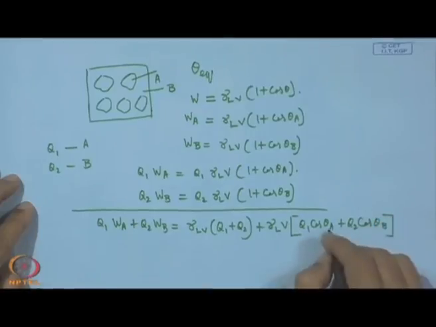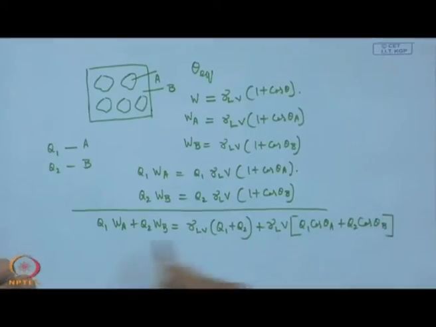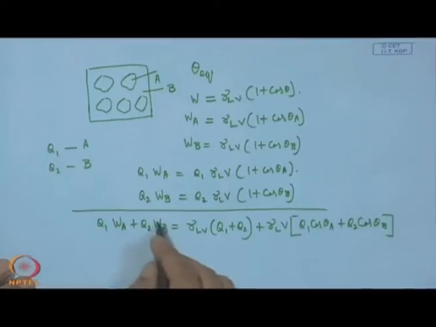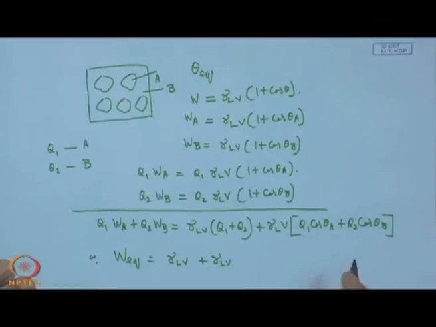So, it is cos theta A and cos theta B. Now, this Q1 plus Q2 is equal to 1, because it is the fraction over this unit area. So, this is the equivalent work of adhesion. If we replace it by W equivalent, then we write W L V, this is also W L V, and this is also equivalent to the resulting contact angle, which we can write as theta equivalent.